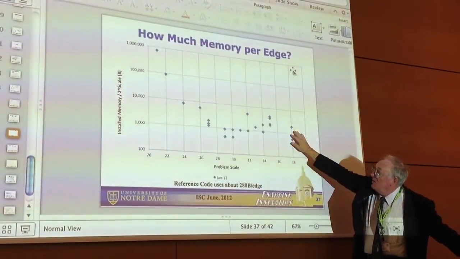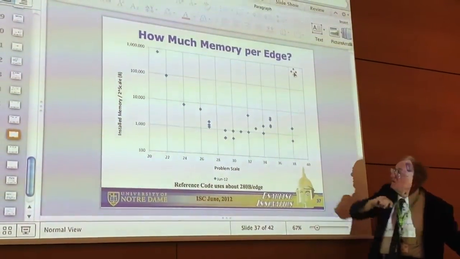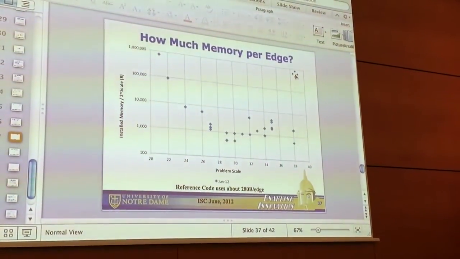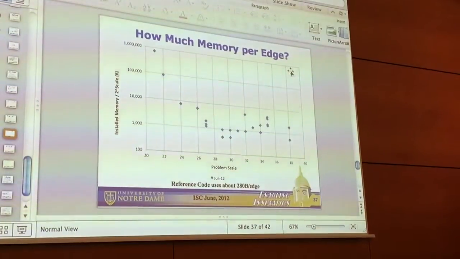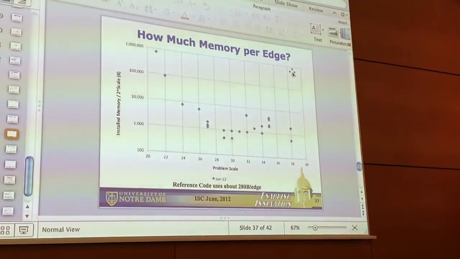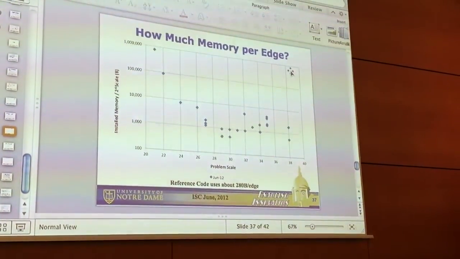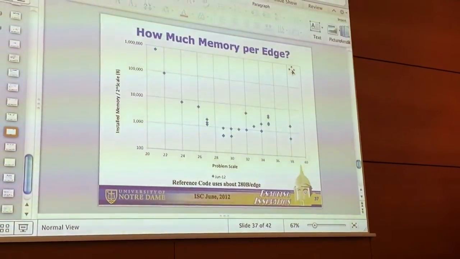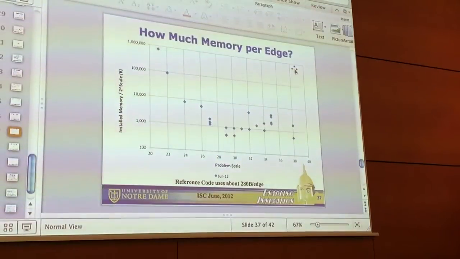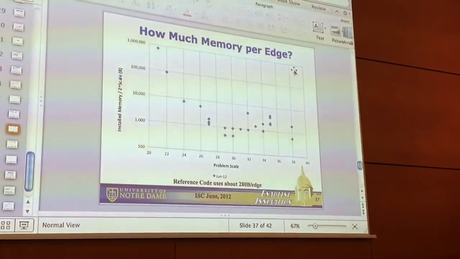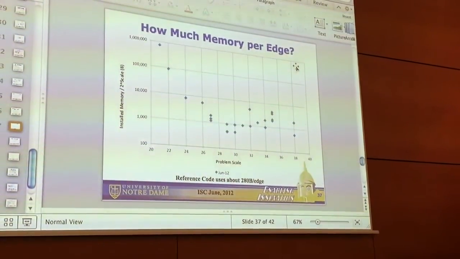And what I got was a number somewhere between 1,000 and 3,000 bytes, which, if 280 odd bytes is about the right number for an edge in the reference implementation, means there's 3 to 4 times more installed memory than there is memory used in the graph. But you've got to subtract some of that out for operating system copies and other stuff.